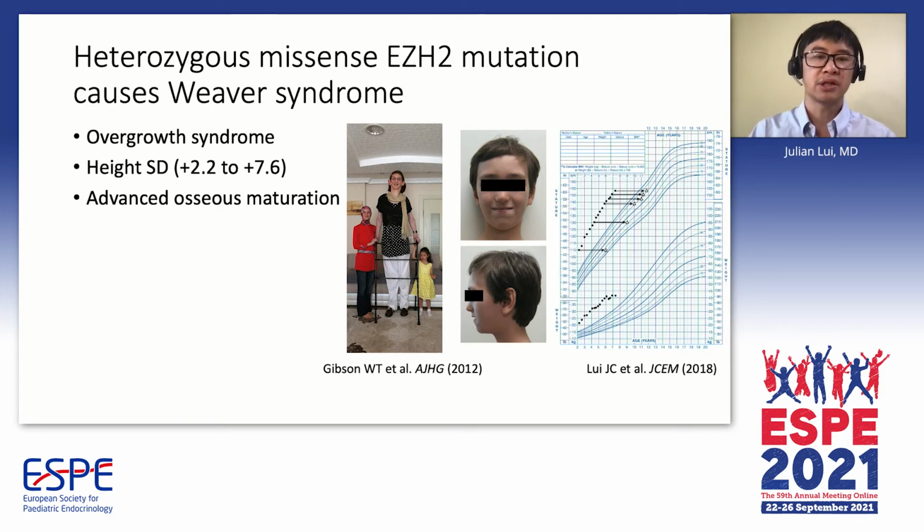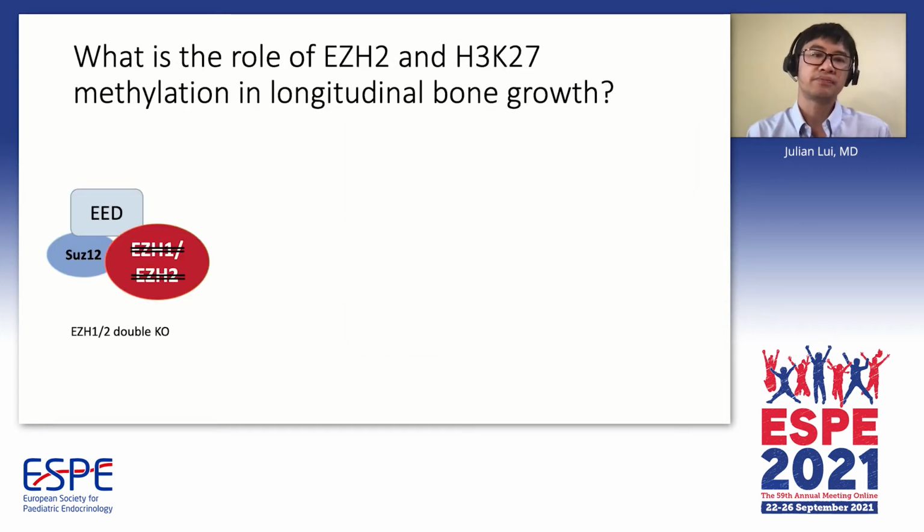Now, these patients are tall, but they have normal levels of growth hormone, suggesting that the function of EZH2 is probably mediated directly through the growth plate, which is why we got interested and wanted to study it further. So we generated a knockout mouse model.